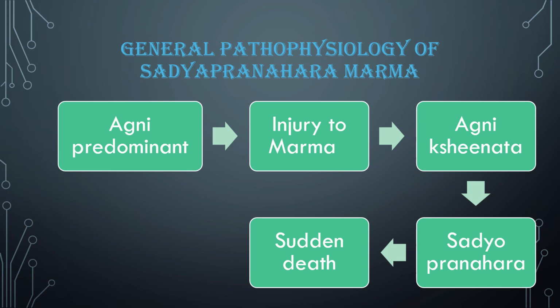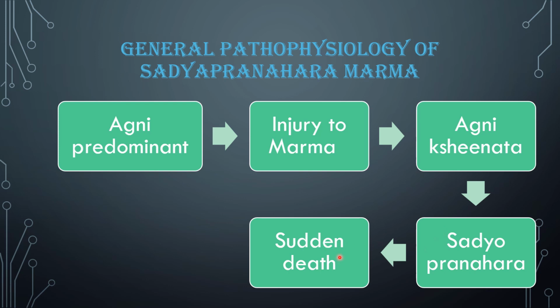Now the general pathophysiology of the Sadhya Pranahara Marmas. Here Sadhya Pranahara Marmas are Agni predominant. So if any injury occurs to the Sadhya Pranahara Marma, then there will be Agni Kshaya or Agni Kshinata that leads to sudden death of the person.